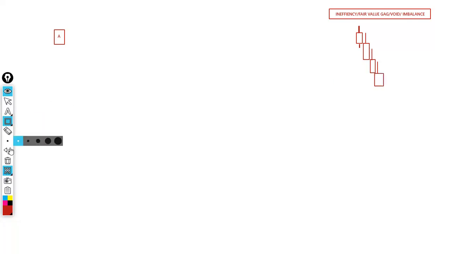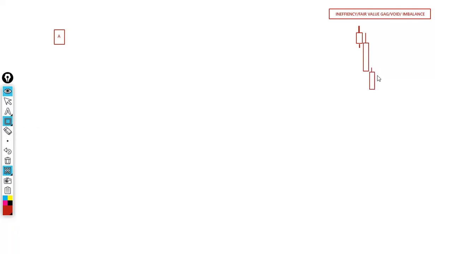So how exactly is an imbalance created? An imbalance is created when you have something like this. Let's say I have a formation where from here price pushed down this way, right? After that push down, another candle started off from here, and we have a further downside in this market.